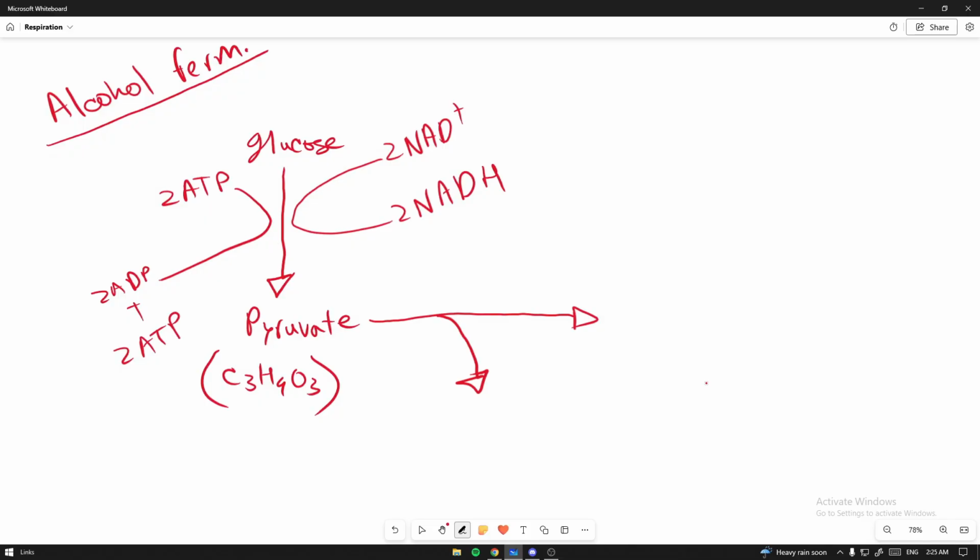So decarboxylation produces CO2, right? And we got rid of one carbon. We're left with two carbons now.